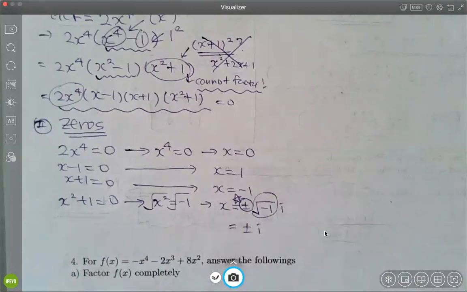Okay, so now, let me ask this question, which is kind of tricky. What are the zeros here? So what are the zeros? Are the zeros 0, 1, -1, and plus minus i, or is it something else?